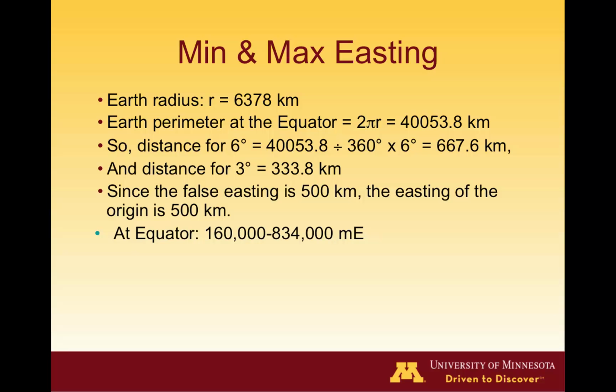And the distance for half of this, so for half the grid, a UTM grid will be 333 kilometers. Since the false easting is 500 kilometers, the easting of the origin is 500 kilometers. That's why at the equator, the min easting is 160 kilometers to 836 kilometers.